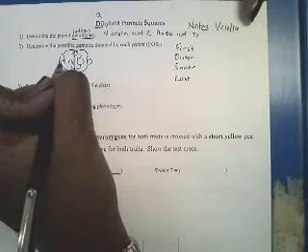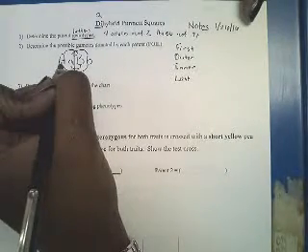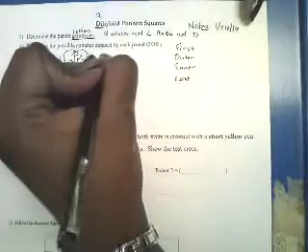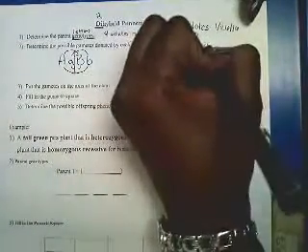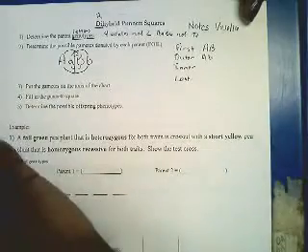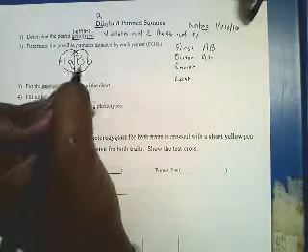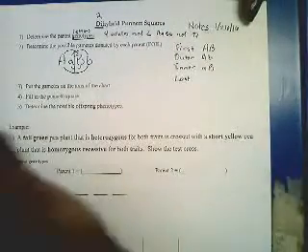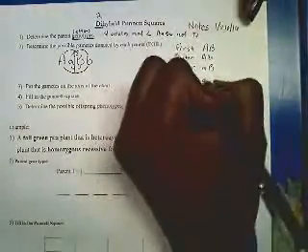So first, again, is big A and big B. Outer is big A and little b. Inner is little a and big B. And last is little a and little b.